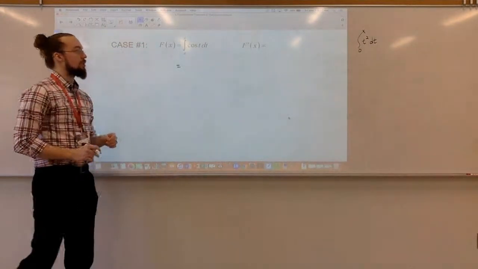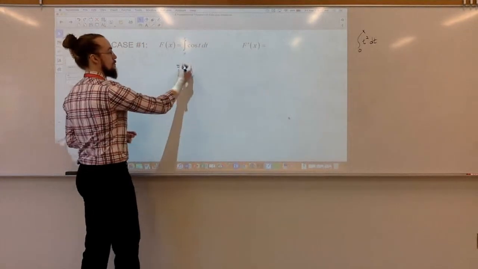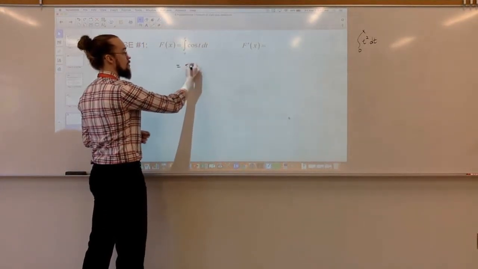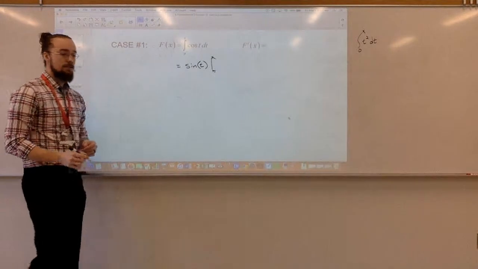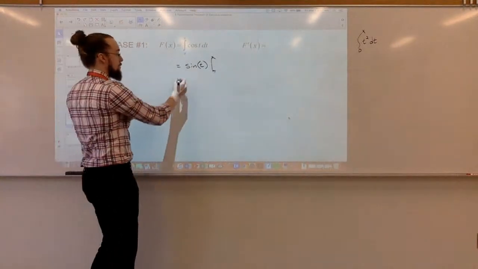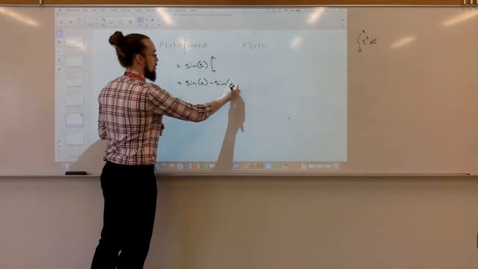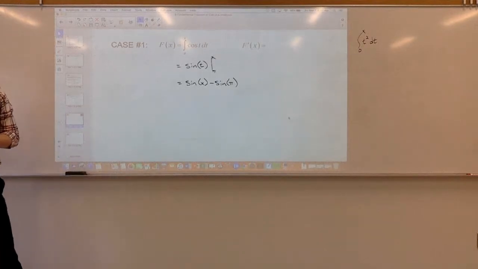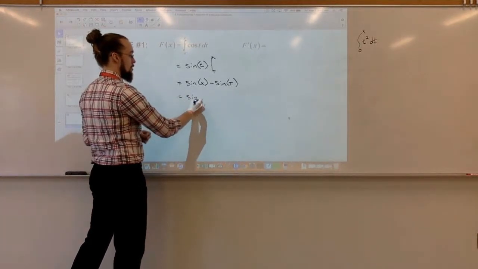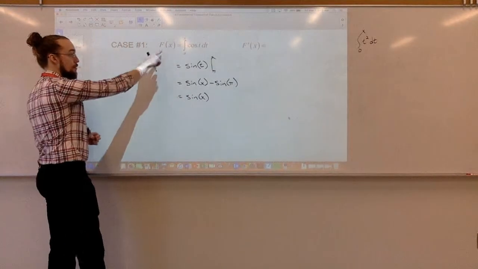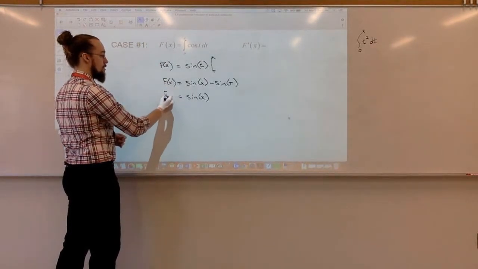So what's the antiderivative of cosine? Right, positive sine. So I would have sine of t, and I want to evaluate this from pi to x. So this would just be sine of x minus sine of pi. What's sine of pi? Sine of pi is 0. So this is just sine of x. So my antiderivative, my original function, is sine of x.